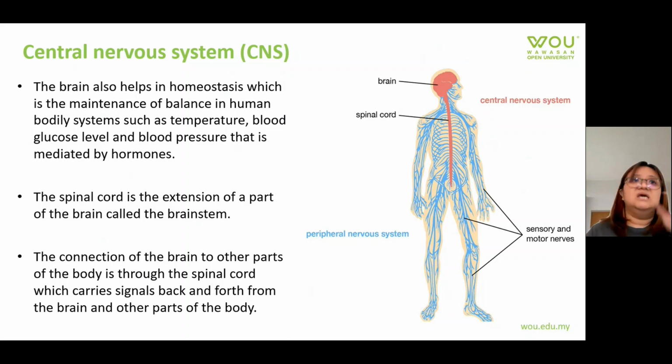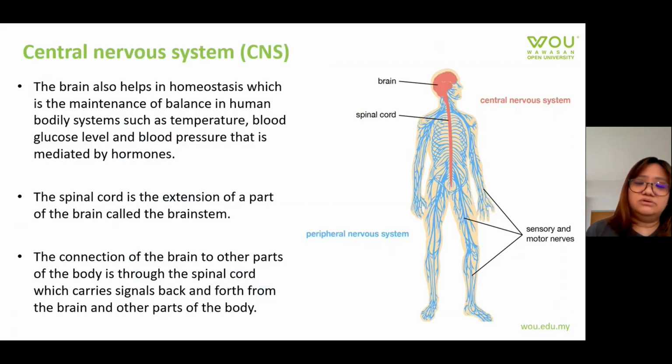That is why some people who met with accidents and hurt their spinal cord cannot walk, cannot move, cannot sense particular things, or cannot control their bowel or their urinating system. This is because of the blockage or damage of the pathway of information sent from the organs through the spinal cord to the brain. Something broke or was damaged.